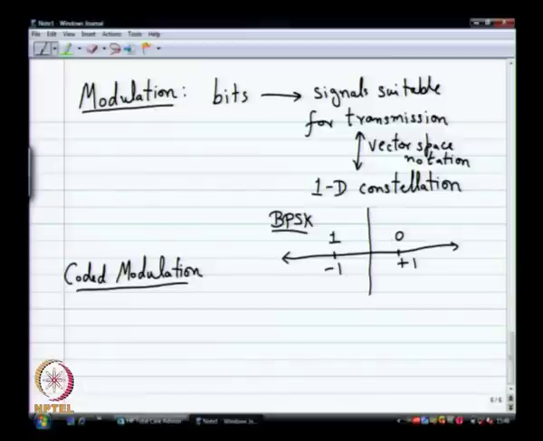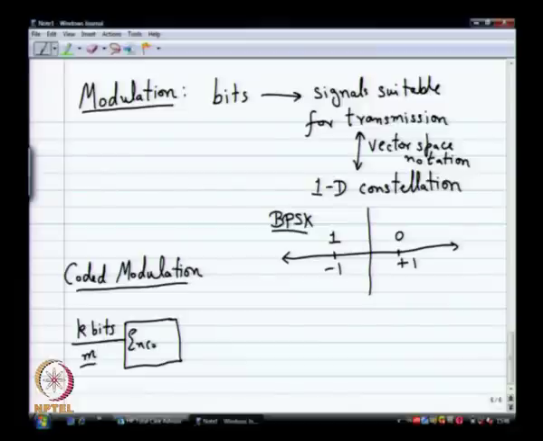We will simply use a very simple form of coded modulation. Basically, we will take k bits of the message, which we will call M, and pass them through a code encoder. Let us say it is an (n, k) binary linear code.